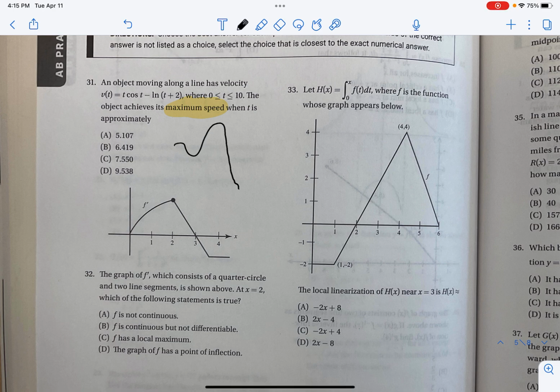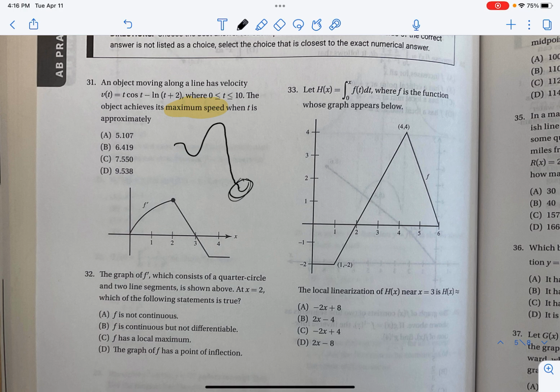It appears to be farthest away from zero, way down here. I'm actually going to zoom out a little bit. Yeah, and it does something like this. So it is as far away from zero as possible around here.